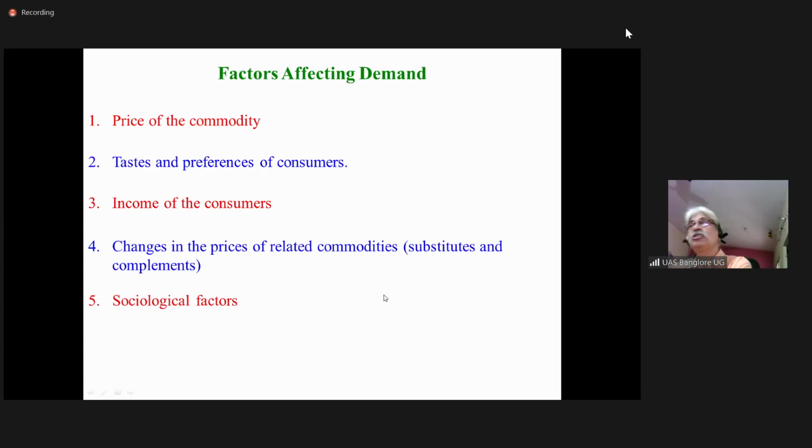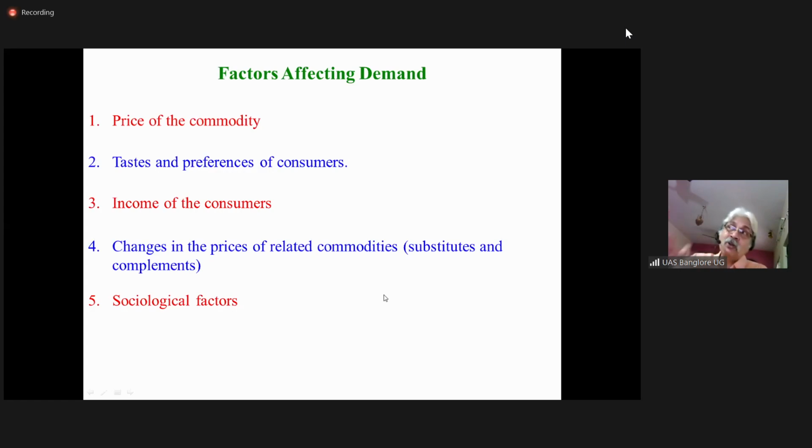Then sociological factors. If you go to the villages, nowadays it is okay, but otherwise, your Bermuda shorts and three-fourth pants, half pants, all those things you cannot use in a traditional village.